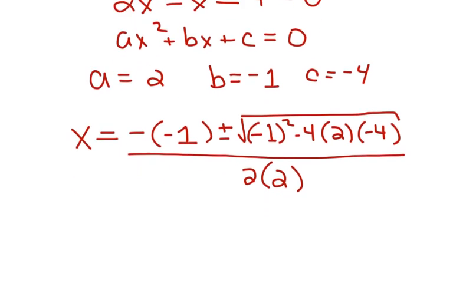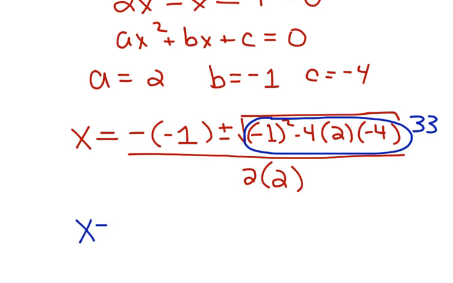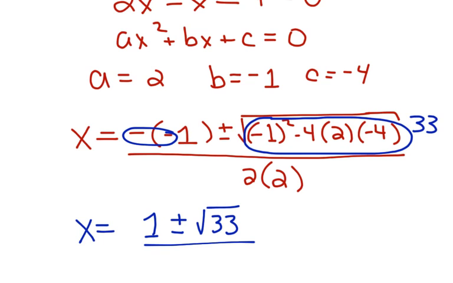The way that I would recommend doing it is to start by evaluating the part that's under the square root sign. You can type that into your calculator verbatim, hit enter, and you'll get an answer out. You should get 33. So now x is equal to, 2 negatives make a positive, 1 plus or minus the square root of 33 all over 2 times 2, which is 4.